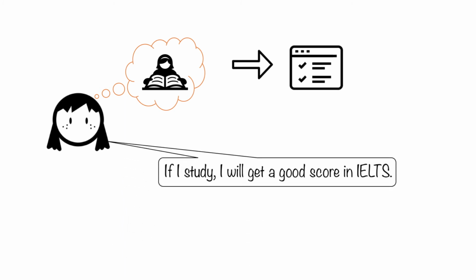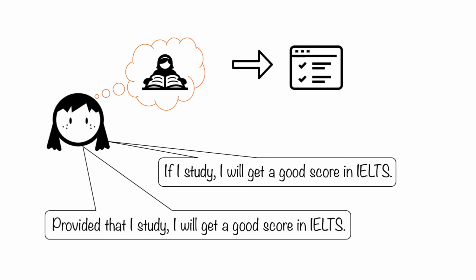First of all, you could say, if I study, I will get a good score in IELTS. Secondly, you could say, provided that I study, I will get a good score in IELTS. So if and provided that have the same meaning here.